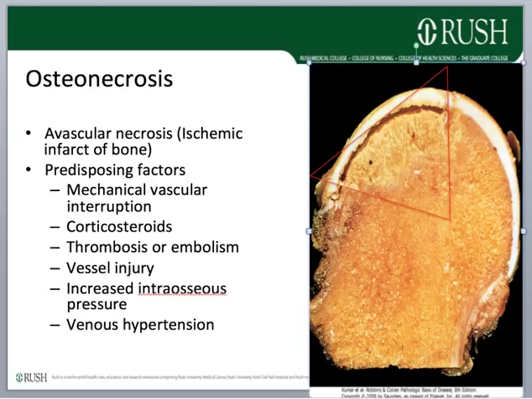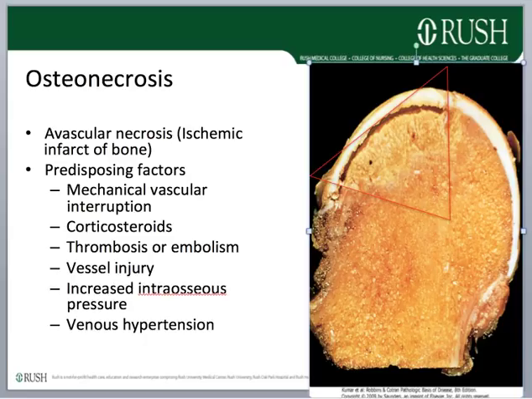Okay, the final topic is osteonecrosis, also known as avascular necrosis, and this is just a word that indicates ischemic infarct of the bone. The image is that of a femoral head, a frequent site of osteonecrosis, and what's depicted in the triangle is the area of infarct, which forms a wedge shape, just like if you remember pulmonary infarcts in the lung.